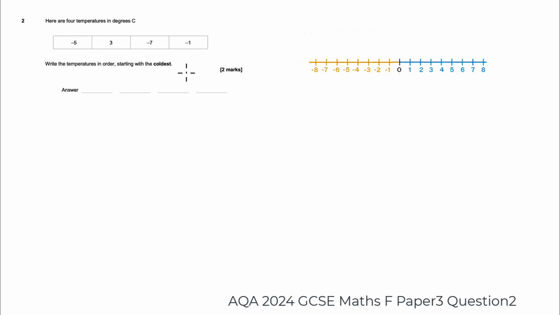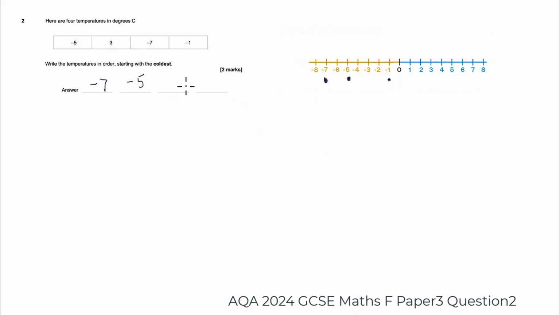So the smallest, or the coldest, if we're talking about temperatures, would be towards the left on the number line. So the furthest on the left among these would be -7, followed by, then we come to -5, and then there's one other negative one in this list, that's the -1.